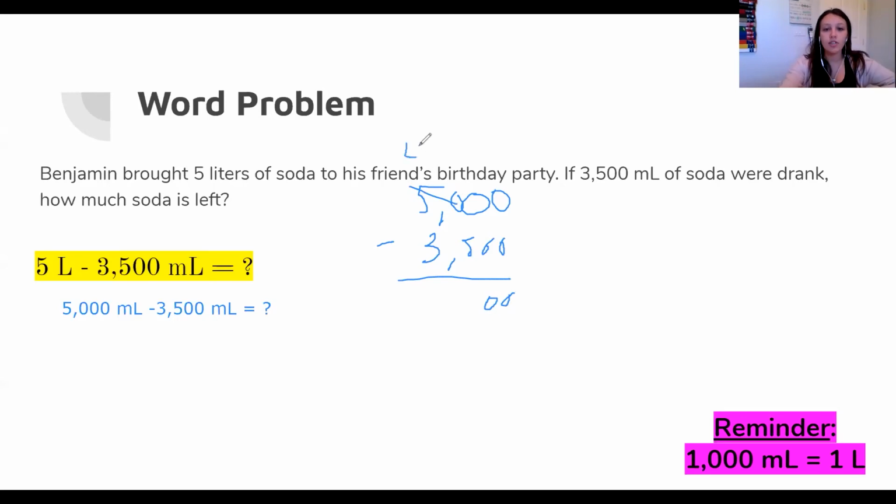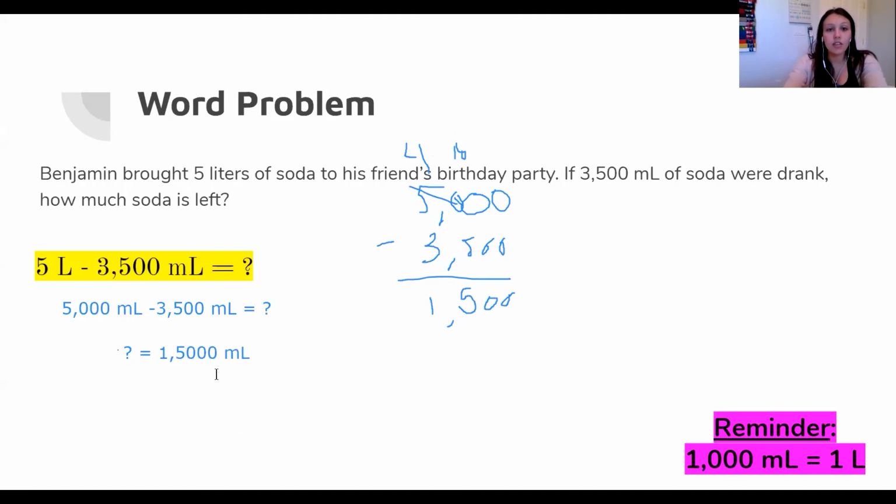So we're going to take this 5, turn it into a 4, and this 0 becomes a 10. 10 minus 5 is 5, and 4 minus 3 is 1. So our final answer is question mark equals 1,500 milliliters.